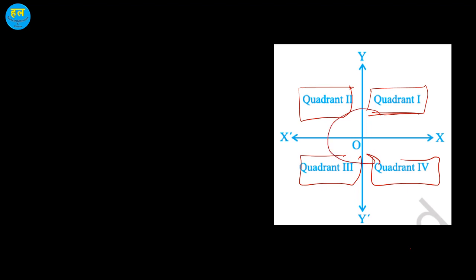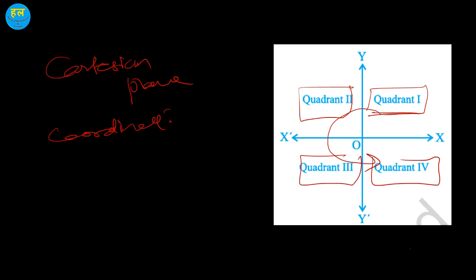We move anti-clockwise from first to fourth, and this is called the Cartesian plane or coordinate plane, because we find the coordinates of a point on this plane.